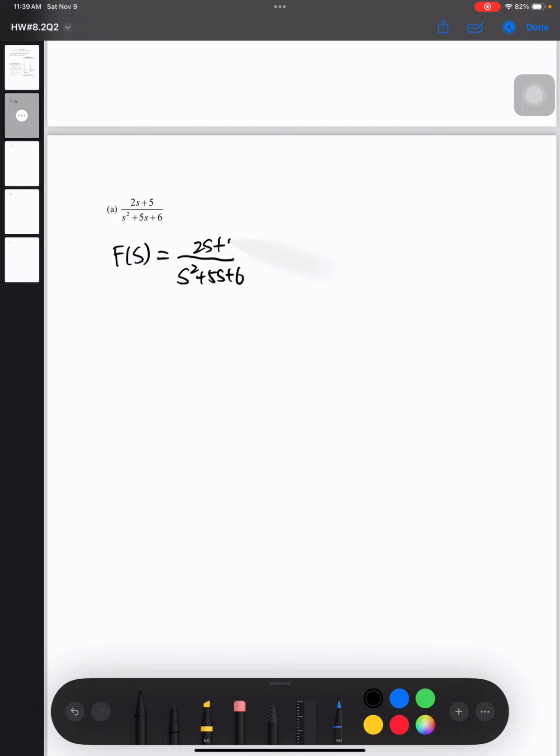into the multiply form. For the denominator, s plus 2 times s plus 3. And the numerator is 2s plus 5. And then we know we can simplify to k1 over s plus 2 plus k2 over s plus 3.